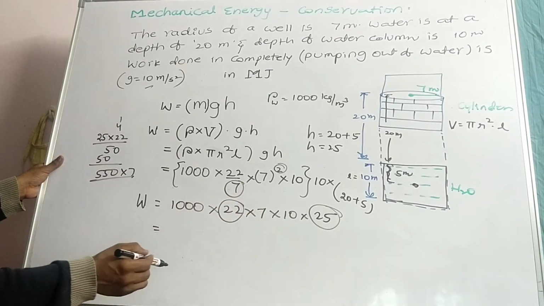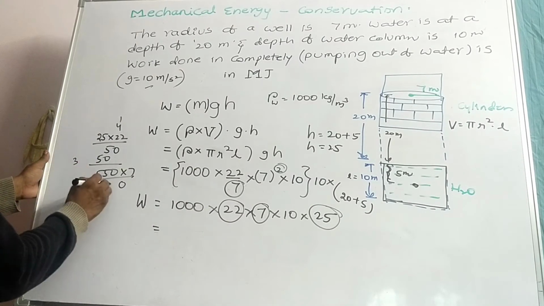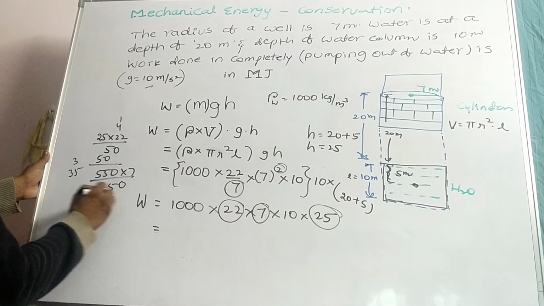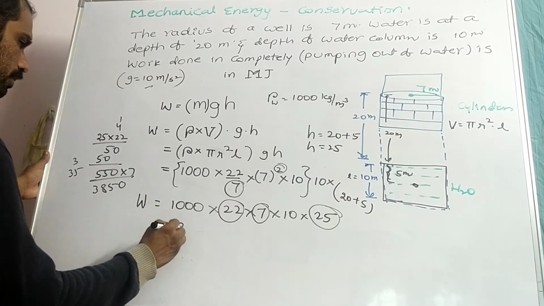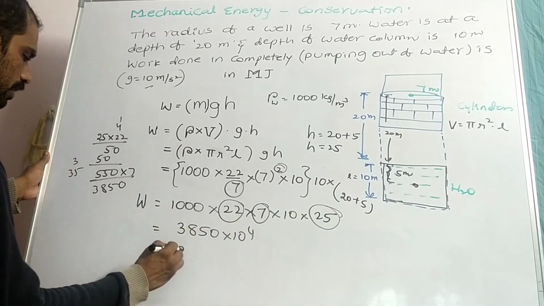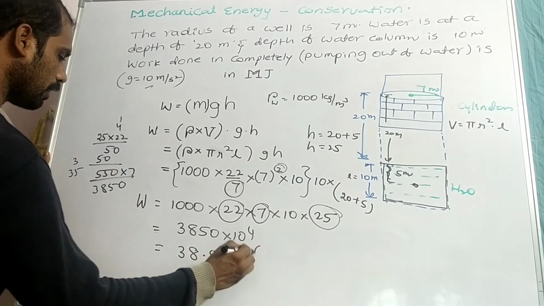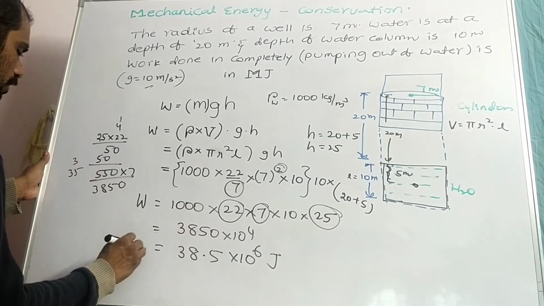Now that is multiplied with 7. 7 5s are 35, 7 5s are 35 plus 3 is 38, so 3850. 3850 into 10 power 4, that is equal to 38.5 into 10 power 6 joules will be the work done.